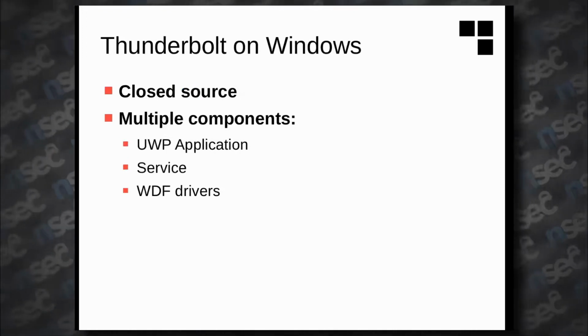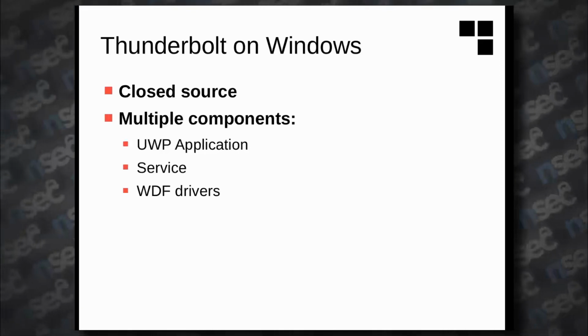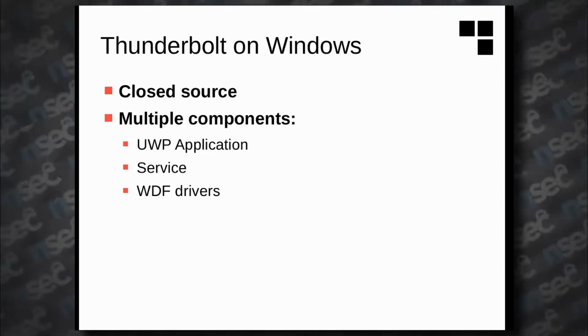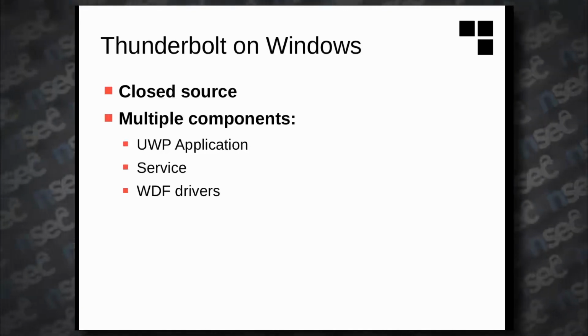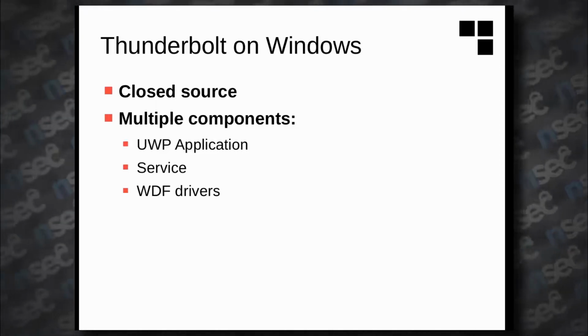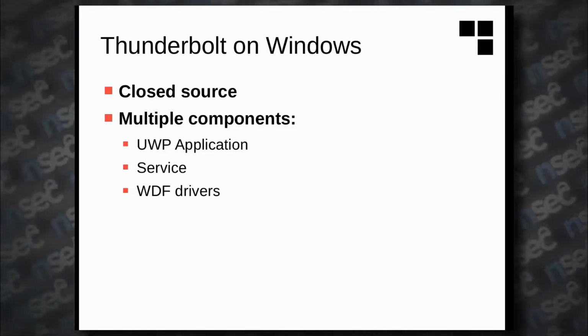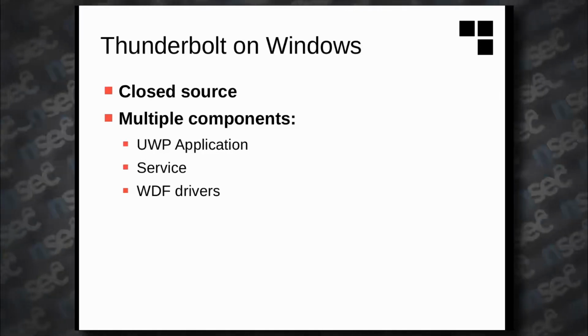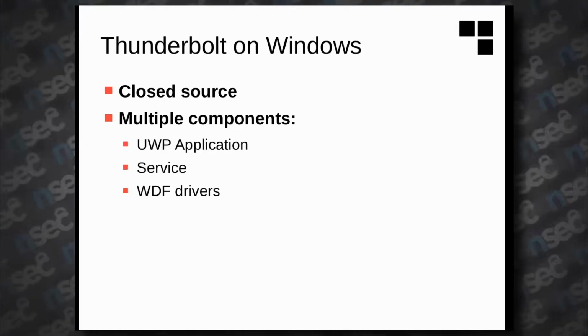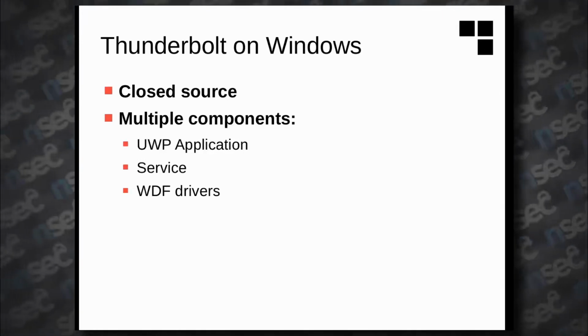The Intel software suite for Thunderbolt contains what we call a Universal Windows Platform application. You probably know this stuff. It's the new, well, not a new Microsoft application model with the online store, etc. We used to call it Metro. So this is the UWP application.